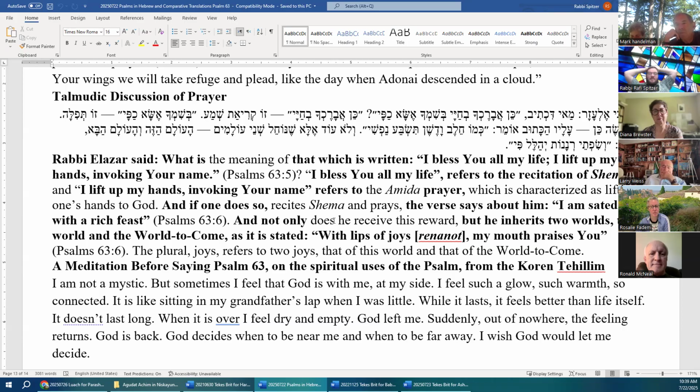And the rabbis, or at least Rabbi Elazar, uses these two verses to say that the experience of daily prayer is joyful and creates a sense of satedness, of satisfaction, not only in this world, but also in the world to come. So I thought that was pretty.